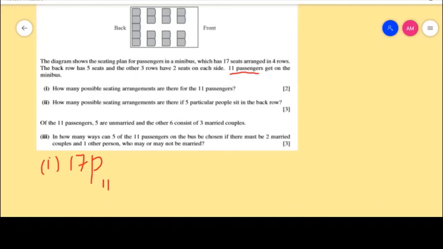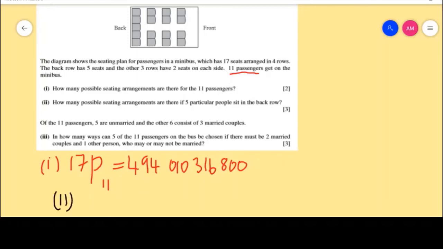So that's going to be my part 1. If I go 7 permute 11, I get a big number, 494 010 316 800. Don't be worried if you get these big numbers. It's very possible for questions of permutations or combinations to get these big numbers.